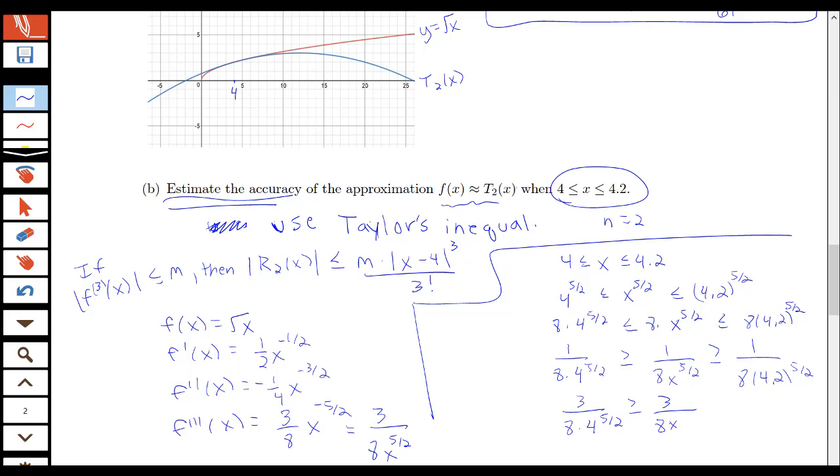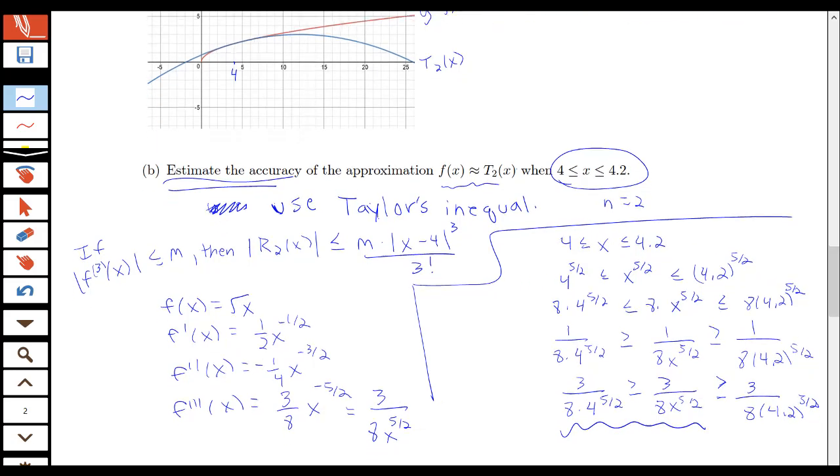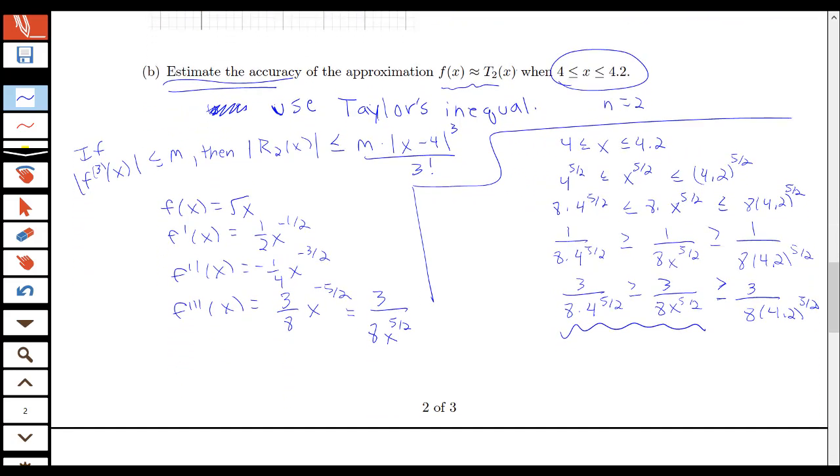Okay, so notice that that gives me the derivative that I'm interested in getting a bound on, and shows that that derivative is in fact less than or equal to this 3 over 8 times 4 to the 5 halves power. Okay, so this manipulation here gave me the m that I'm going to need.